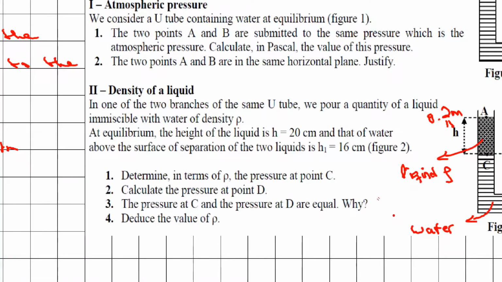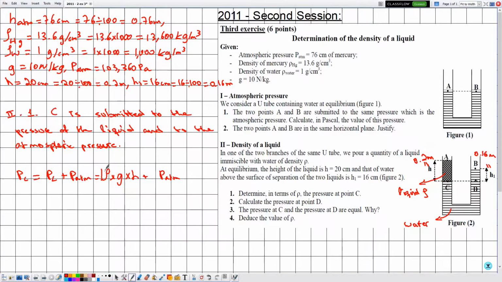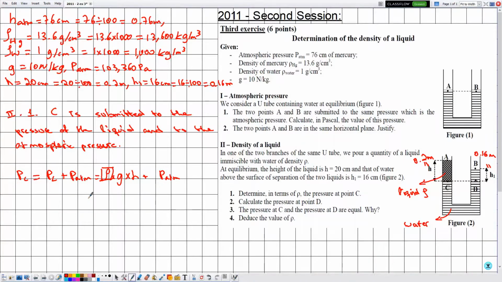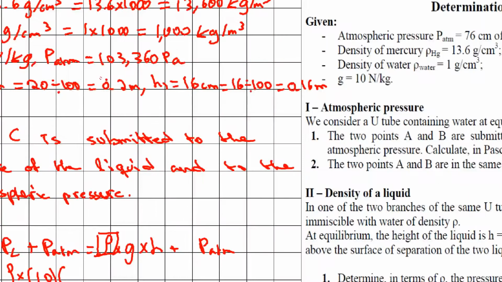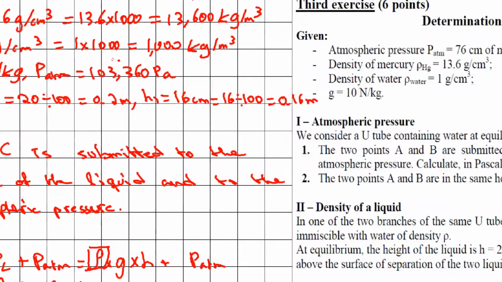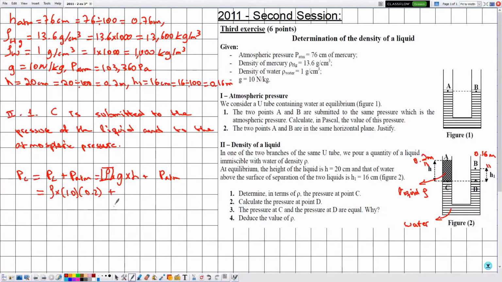Notice that since they are asking in terms of rho, we must keep rho as a variable, knowing that we are determining PC. So this is equal to rho times the value of G, which is 10, and the value of H, which is 0.2, plus the atmospheric pressure, whose value is 103,360.